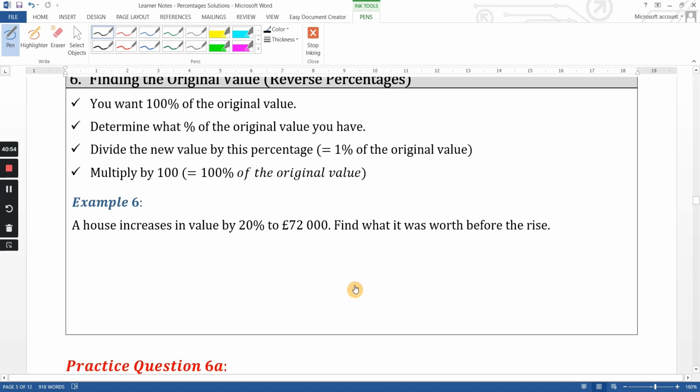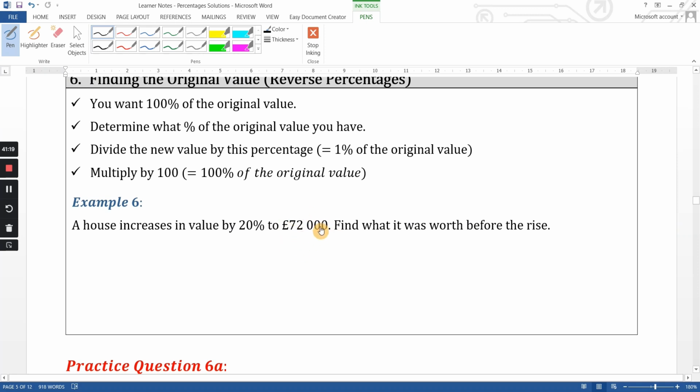So the steps are, what percentage have we got? This £72,000, what percentage does it actually represent? So if you think of the original value as 100%, what it was originally, and we've now increased it by 20%, we've then got 120% of the original.